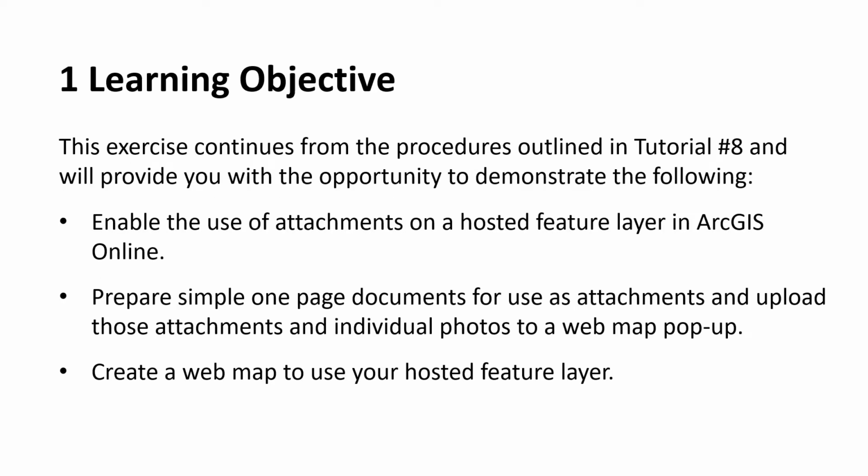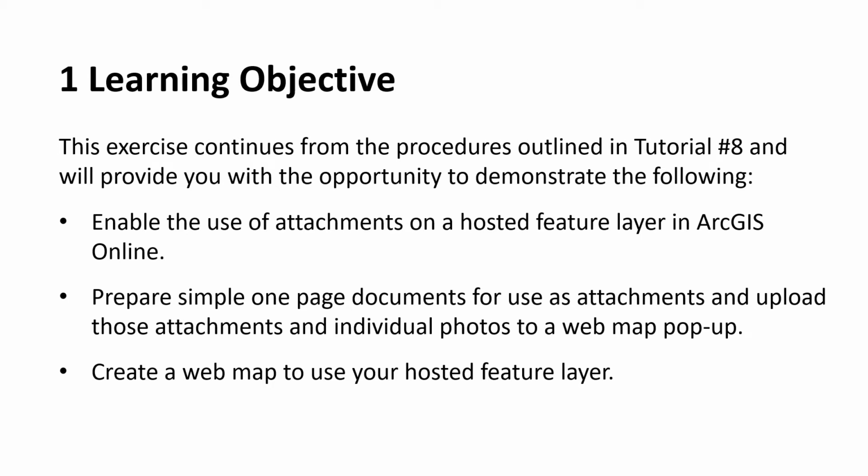This exercise continues from the procedures outlined in Tutorial 8 and will provide you with the opportunity to demonstrate the following. Enable the use of attachments on a hosted feature layer in ArcGIS Online. Prepare simple one-page documents for use as attachments and upload those attachments and individual photos to a web map pop-up.